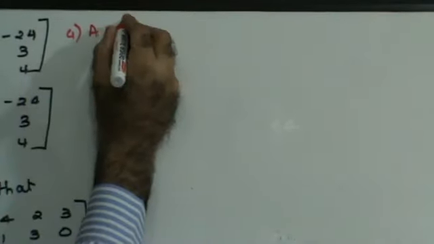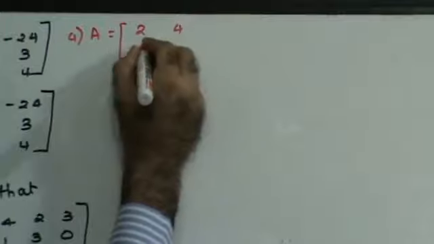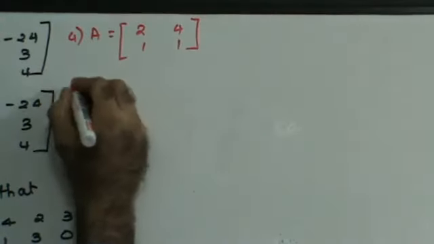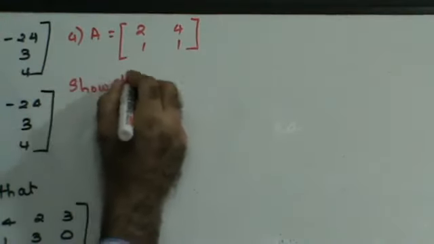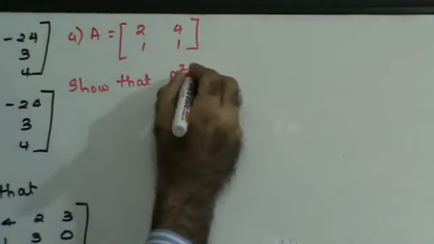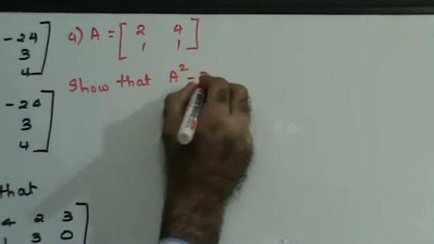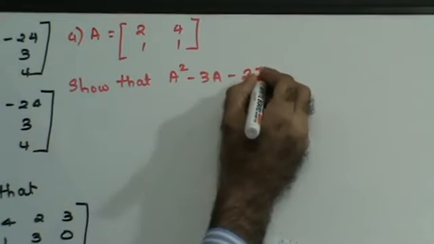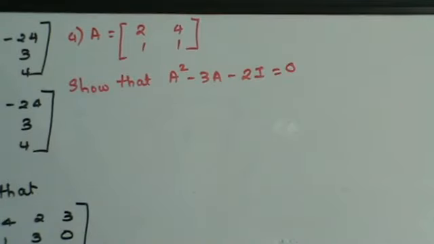A is equal to 2 4, 1 1. You have to show that A square minus 3A minus 2I is 0.